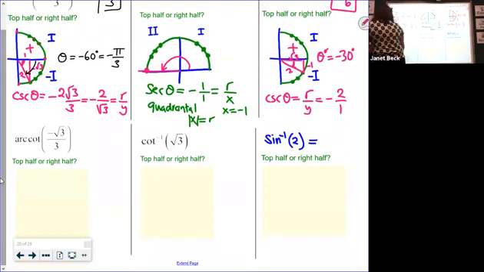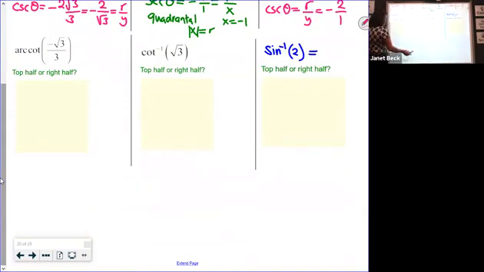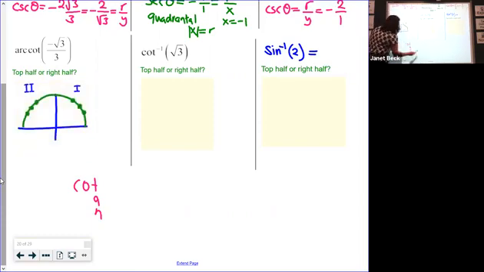What about doing this one? Let's do them in order. Cotangent, top half, negative, not in quadrant 1, so in quadrant 2.